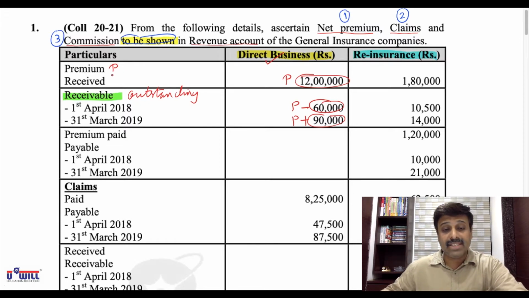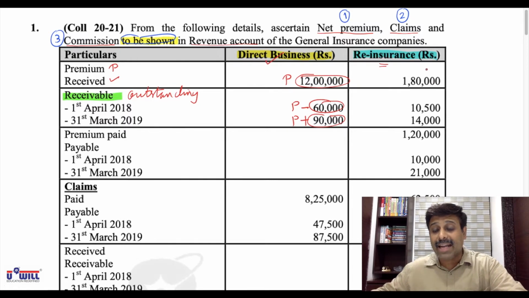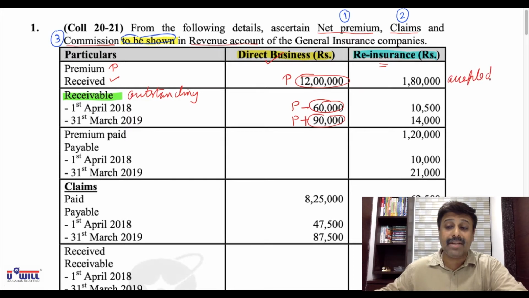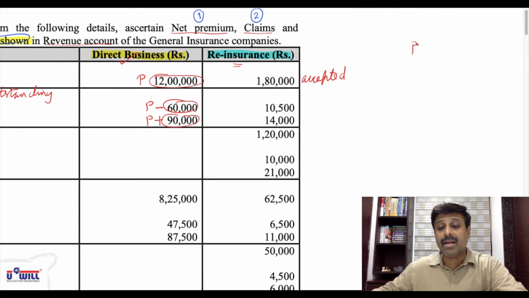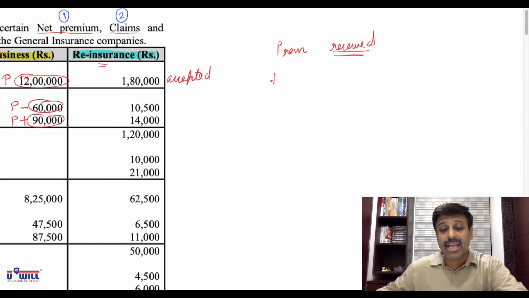Now if we come to reinsurance business, understand this. Premium is an income which is supposed to be received. So in reinsurance premium, whatever premium is received shows the reinsurance accepted. I repeat, premium income is going to be received because it's an income. So here, whatever reinsurance premium is given as received, it means it is accepted, and normally premium income is to be received.